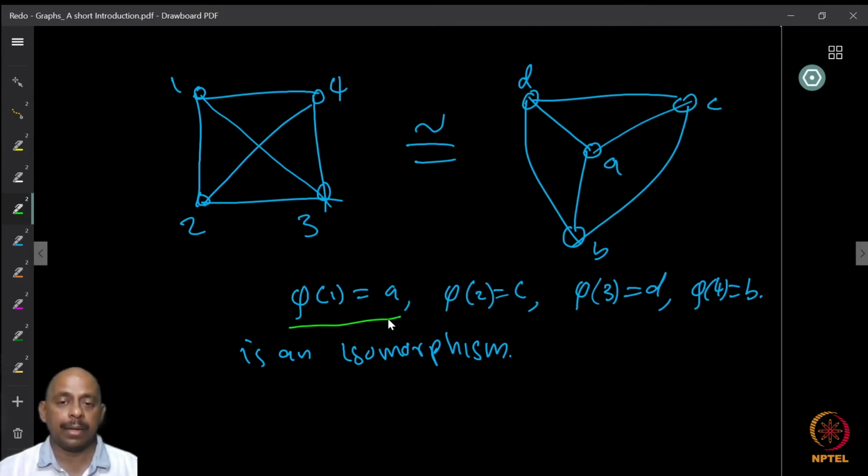Phi of 1 is equal to A, then 2 goes to C, 3 goes to D, and 4 goes to B. This is an isomorphism, and one can verify it by looking at the edges. 1, 2 is an edge, so correspondingly AC must be an edge. But since the graph is complete, all possible edges are there. It's a trivial isomorphism, so we don't have to discuss it further.